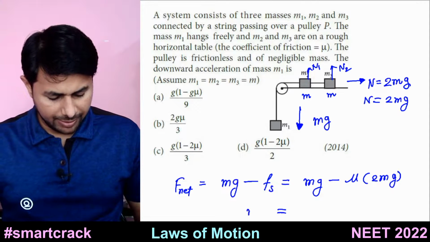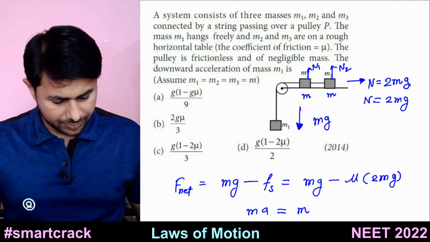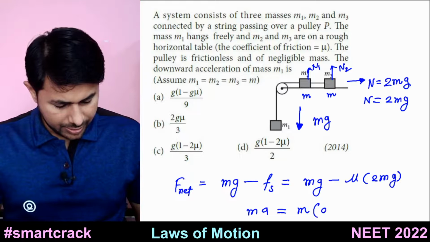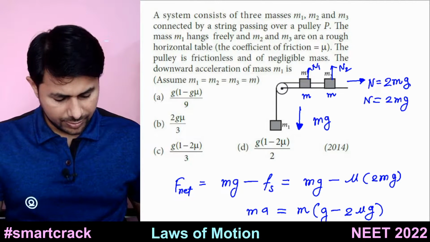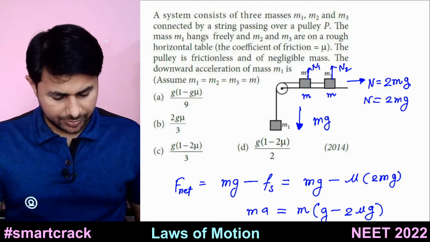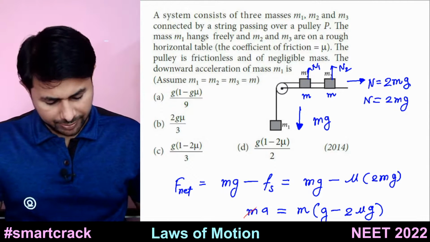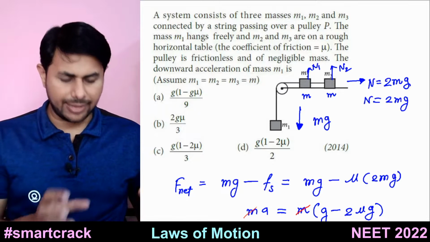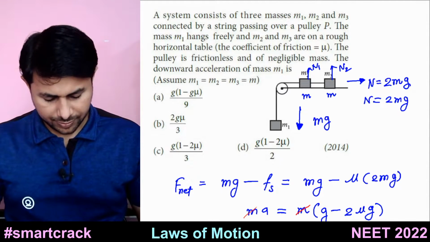We can take m common from here, so m gets cancelled. Acceleration equals g minus 2 mu g, and from there too we can take g common.